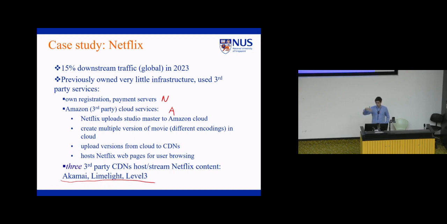But when you click on a certain video, you go to Amazon's cloud server, which sends you a catalog of videos. Then you can choose which version of these videos you want to view. And then you're directed to these third-party CDN providers, Akamai, Limelight, and Level 3.